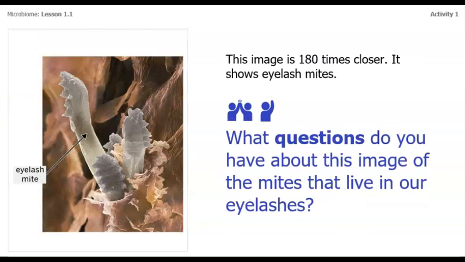Now if we zoom in even closer, this image right here is 180 times closer than what you saw before. So now that we're zoomed in so far, we can see some tiny microorganisms that are living on our eyelashes. This arrow right here is pointing at an eyelash mite. Who would have guessed you have eyelash mites?